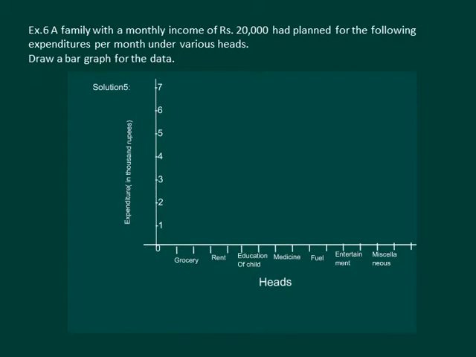We represent the expenditure value on the vertical axis. Since the maximum expenditure is rupees 5,000, we can choose the scale as 1 unit equal to rupees 1000.